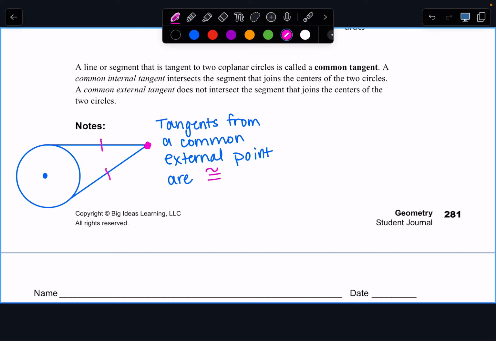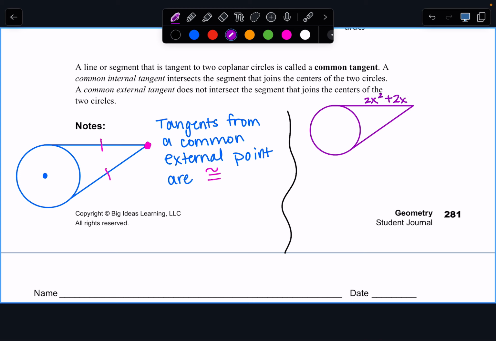Wait, that's not a triangle, right? So it's a common tangent.